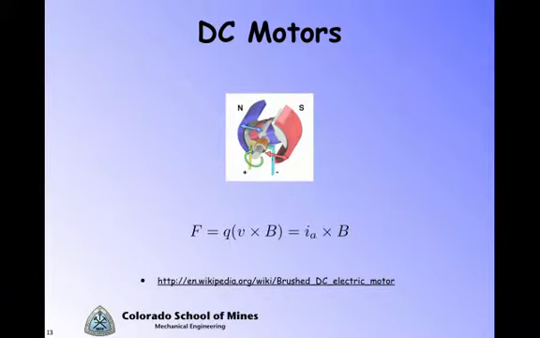So as I said in the other segment, robotics is largely using DC motors. There are some AC technologies that are coming along, but I'm going to focus this course and these activities on DC motors because they are, by and large, the motors that are used in robotics.